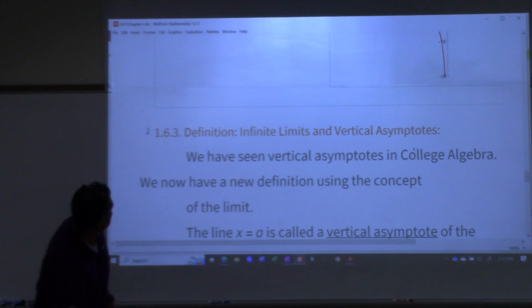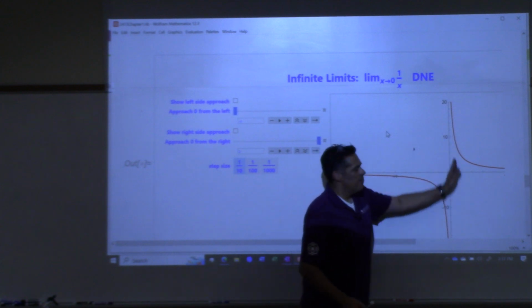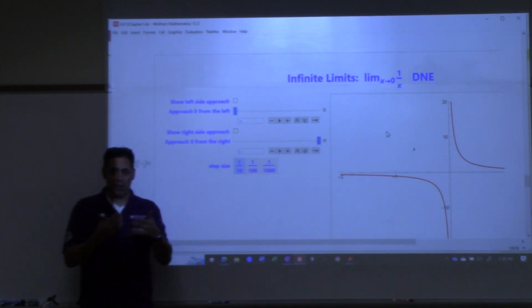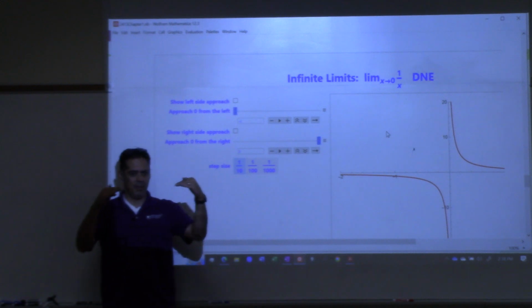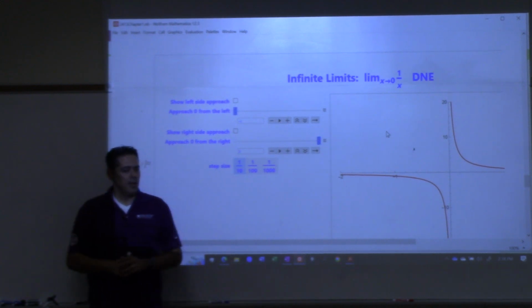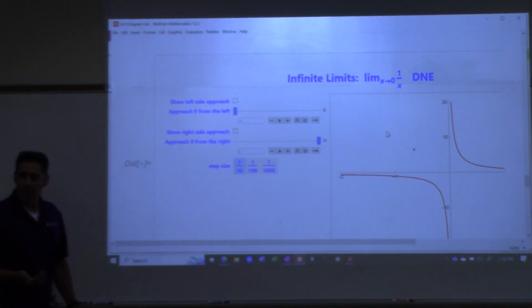Do you recognize with these functions that when we have this infinity thing happening, that's what vertical asymptotes were back in college algebra? A vertical asymptote is where the function would do something like this, or maybe it would go like that, or maybe both sides would go down. So if we look at it that way, we have a new way of defining what a vertical asymptote is.